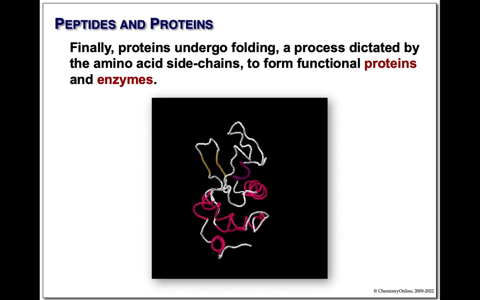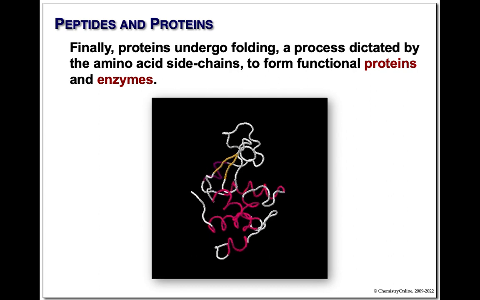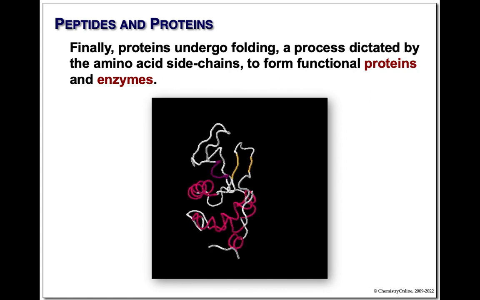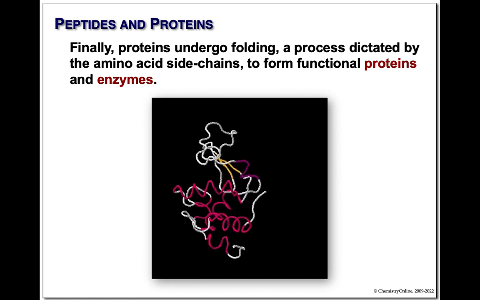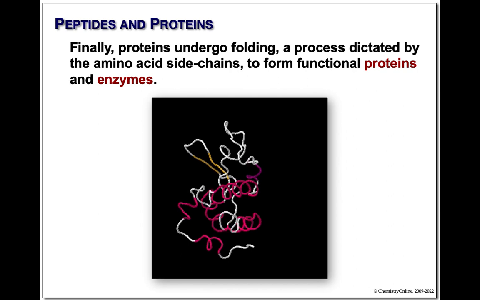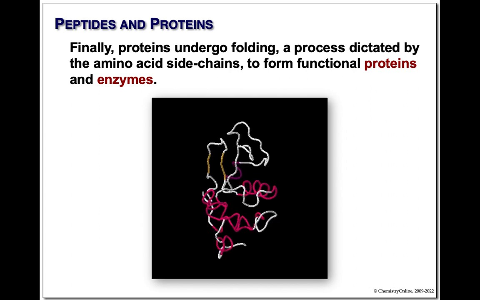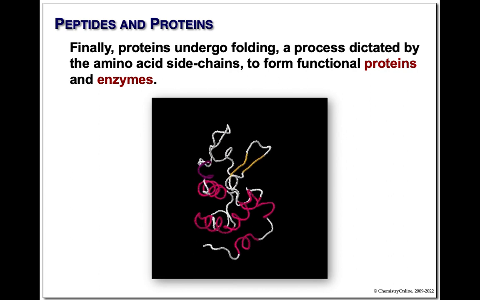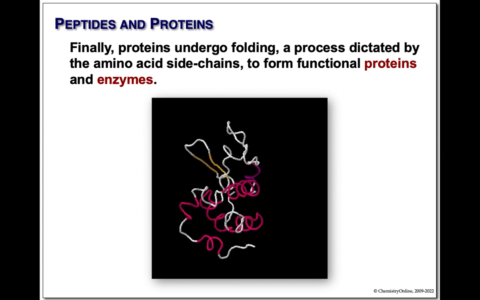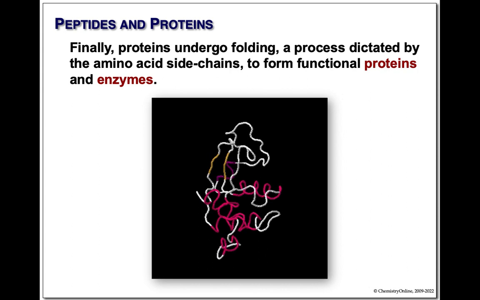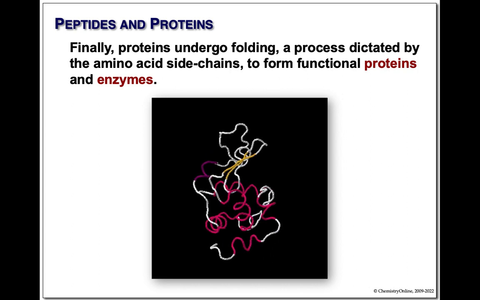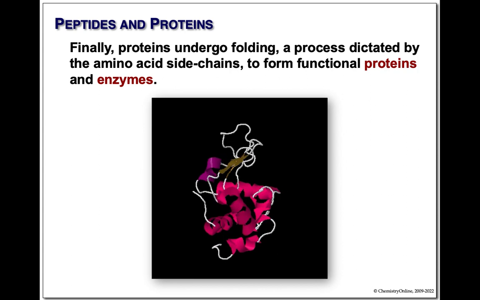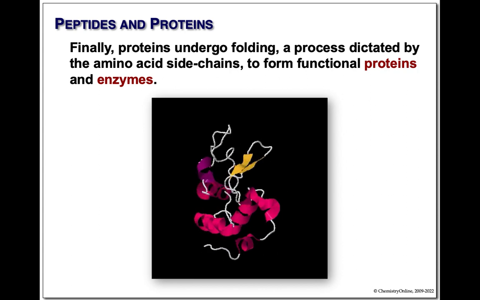This is what it looks like as you rotate it around. You can see the coils. These are the alpha helices, and here's our sheet. That's a beta helix, actually. Another way to show the helices is using a ribbon.